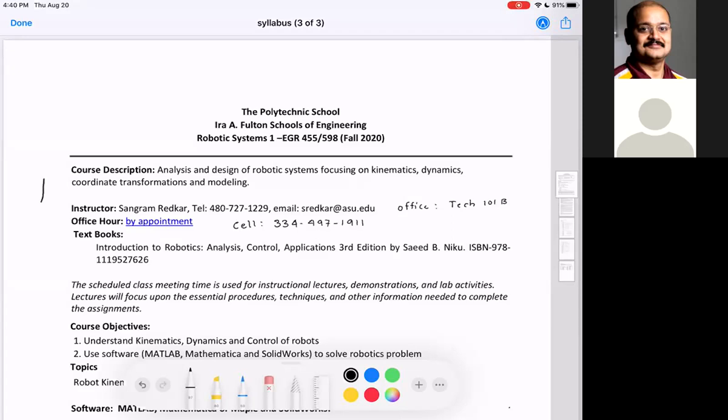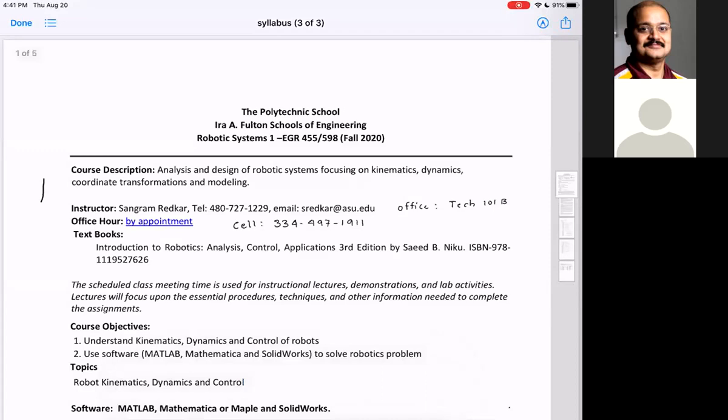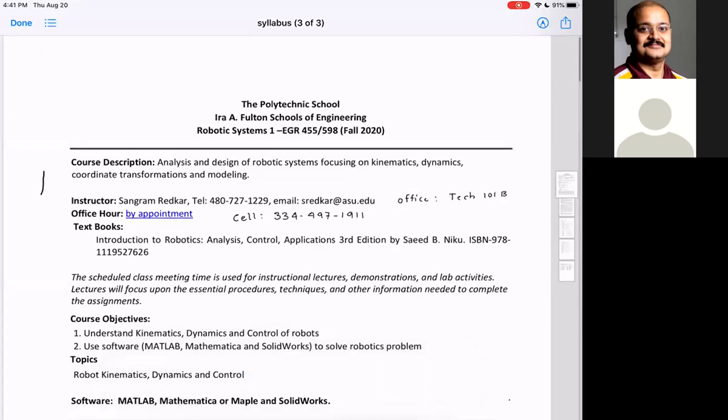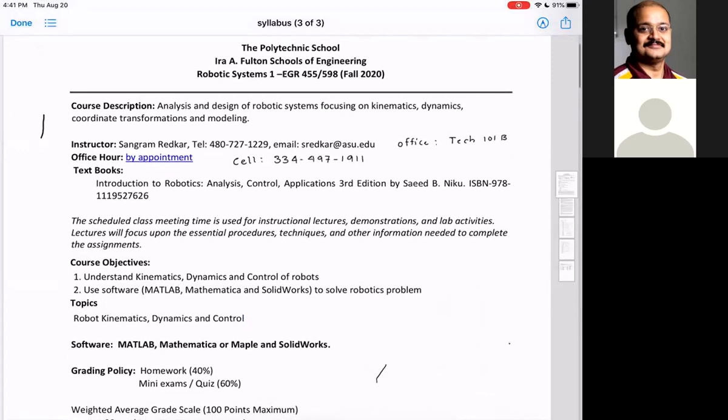All right. The book is by Said Niku, Introduction to Robotics: Analysis, Controls, and Applications. Even though we say it's a third edition, any edition is fine.